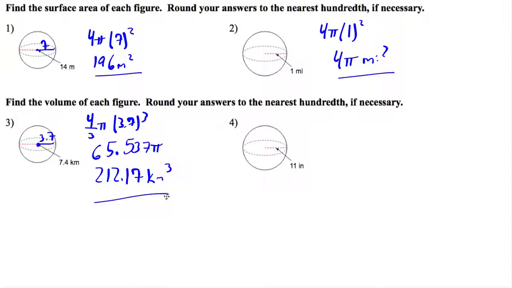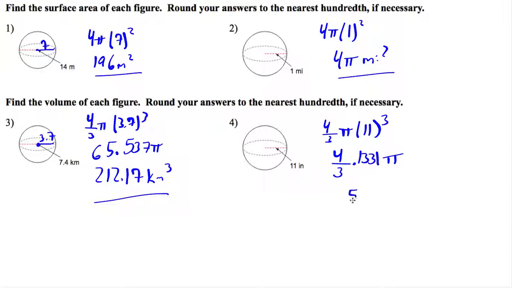kilometers cubed. And then here we have 4/3 times pi times 11 cubed. So this is going to be a little bit nicer. We have 4/3 times 121 pi, right? Oh, sorry, no, I did 11 squared. Yeah, 11 cubed. 11 cubed is going to be 1331. And unfortunately, that's not divisible by 3. So we're just going to have 1331 times 4.